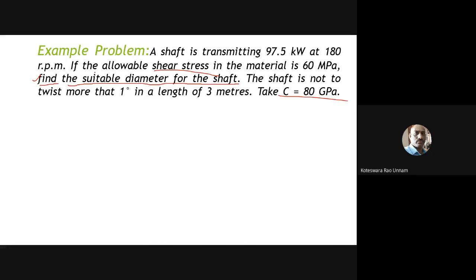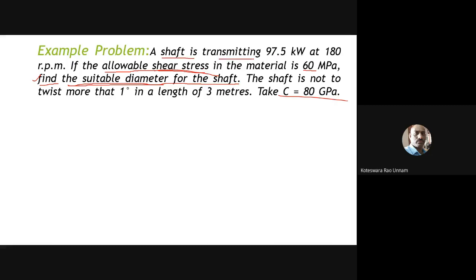But for that he has given two conditions. So we need to design our shaft such that, first, the allowable shear stress in the material is 60 MPa. So whatever shear stress is induced because of this power transmission should not exceed that. The shaft is used in power transmission.